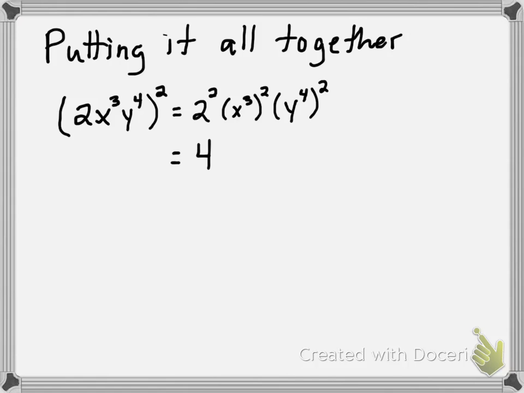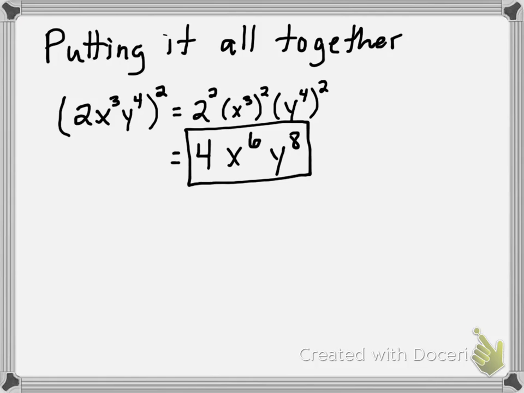So 2 squared is 4, and x to the 3rd power raised to the 2nd power is x to the 6th power, because 3 times 2 is 6. And then the y becomes y to the 8th power, because 4 times 2 is 8. So that's the simplified monomial for that problem.